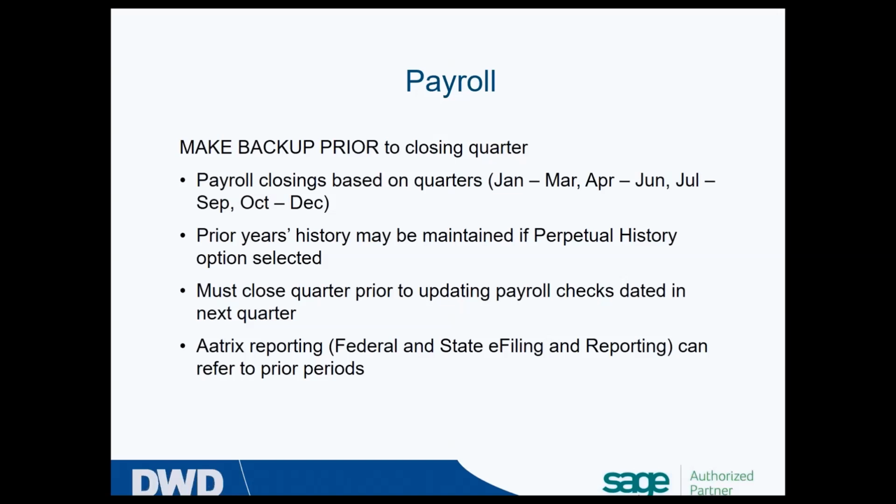Since we're getting to the end of the year, we run those last payroll checks maybe the last week of December, and then by the time we get in and run that check for the first or second week of January, we have to have that quarter closed.